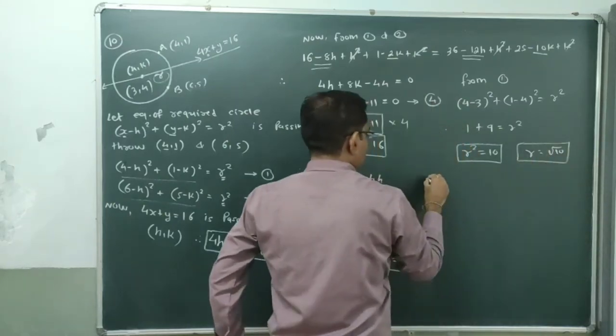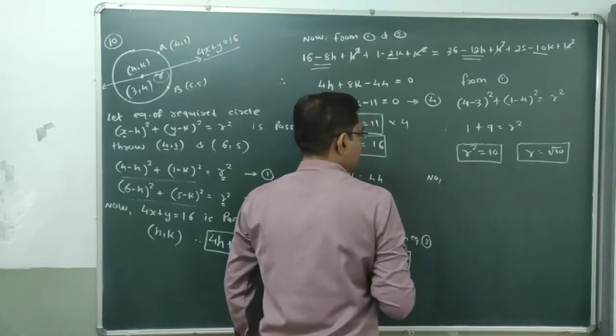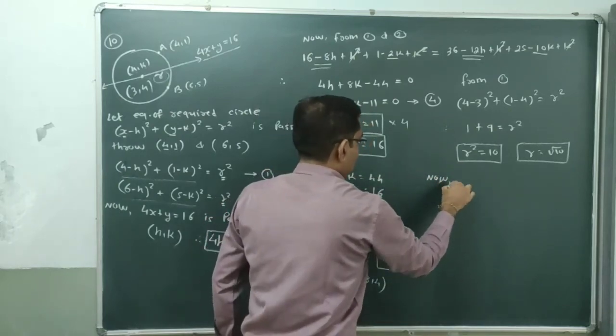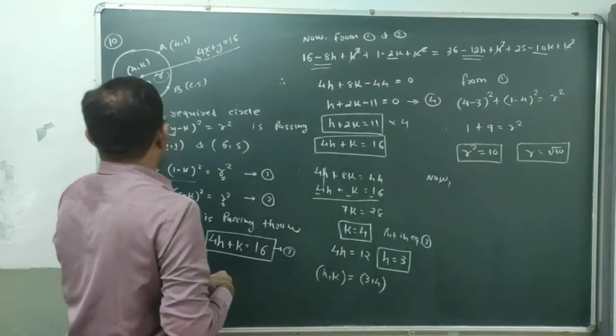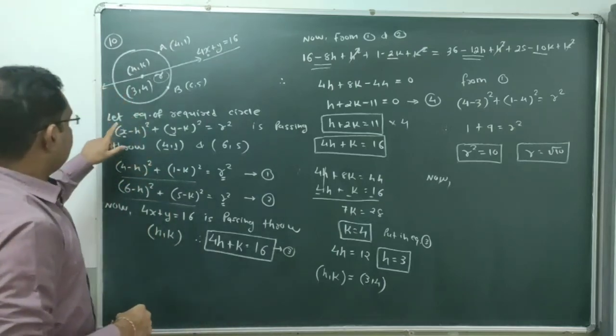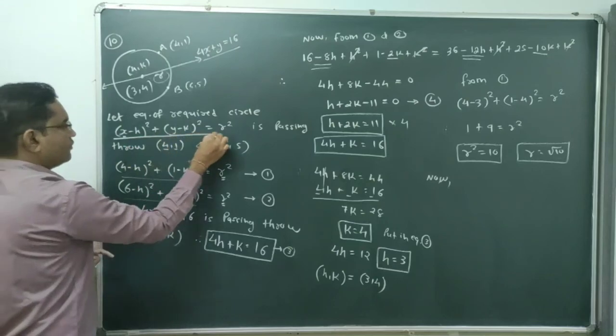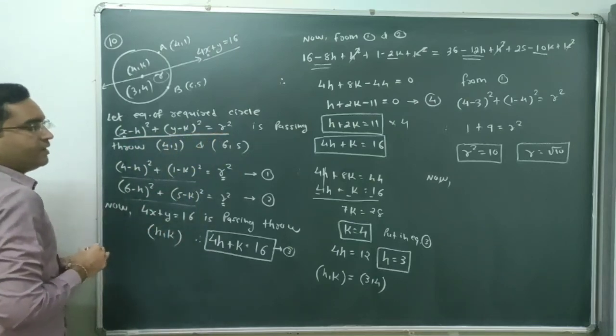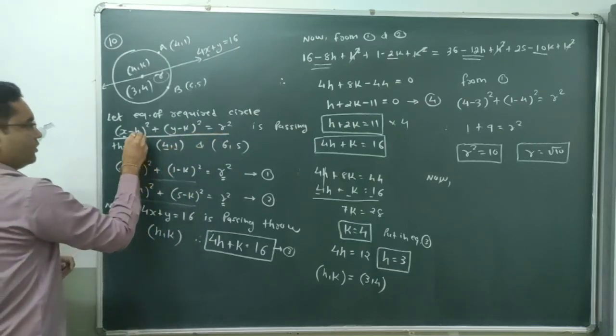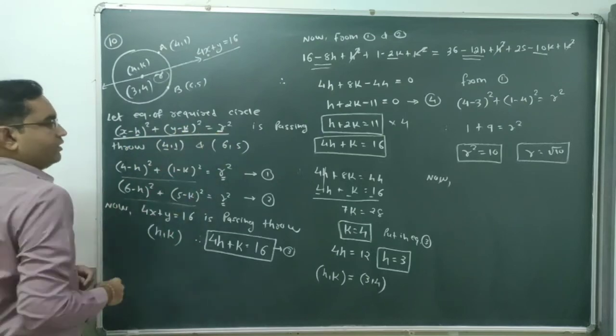Done. So now our answer, what is the question? The question is to find the equation of the circle, and here we assume that the equation of the required circle is (x minus h) whole square plus (y minus k) whole square equal to r square. Put the values of h, k and r over here.